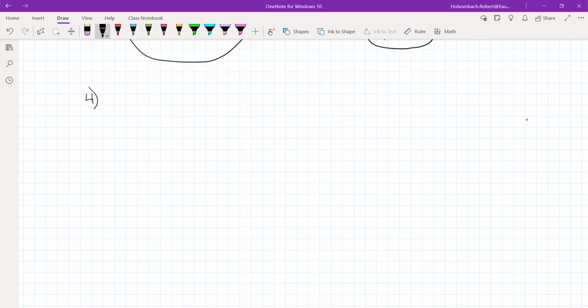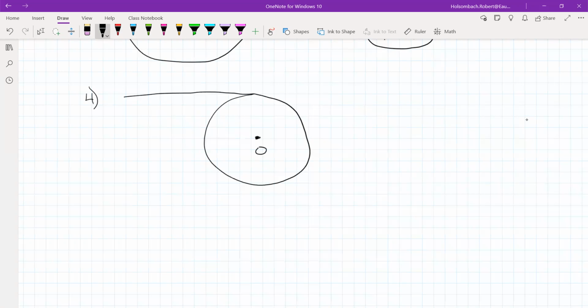Problem number 4, we've got circle O again. And we've got segment AB, which is a tangent at B. And then B connects to O, and that segment's labeled lowercase r.